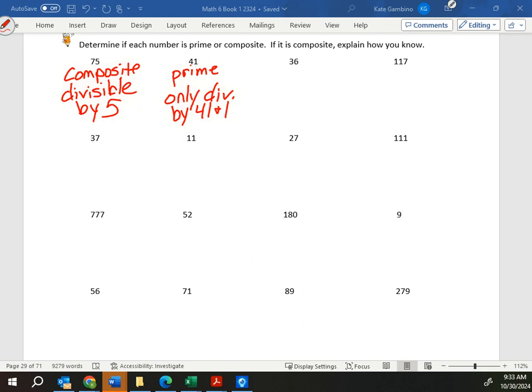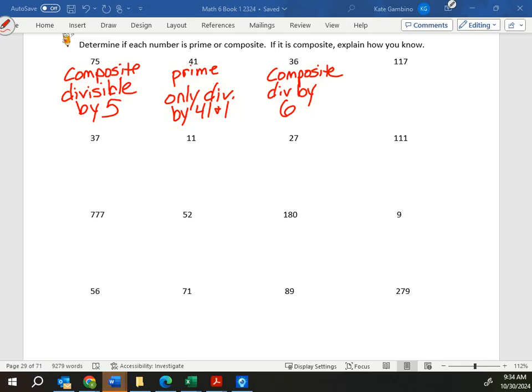36. What do you think? Bridget? Composite. How do you know it would be composite, Bridget? 4 times 9. So Bridget knows her math facts. She says 6 times 6 is 36, 9 times 4 is 36. Oh my goodness, there's so many. You only have to put down one.